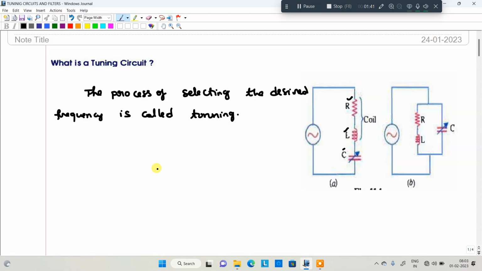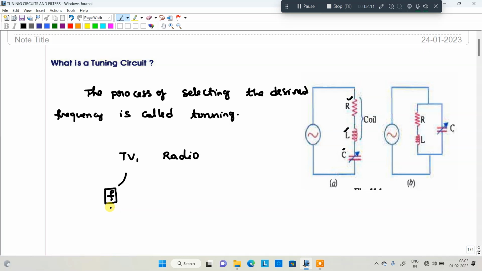See, for example, we have TVs as well as radios. How is it possible to get a particular channel on the TV at a particular tuning frequency? In a tuning circuit, we tune the frequency to the desired level that matches the carrier frequency of that particular channel.